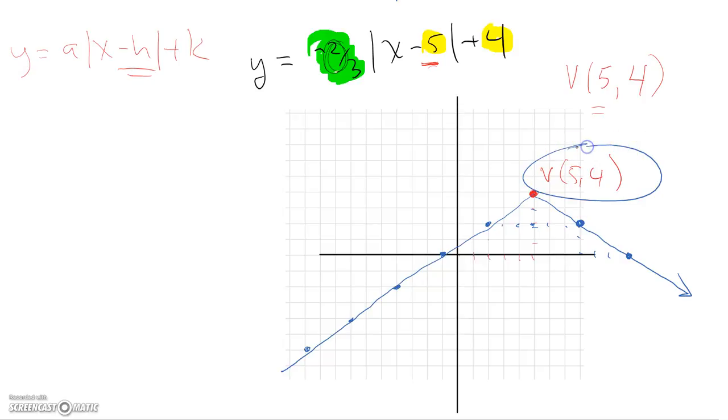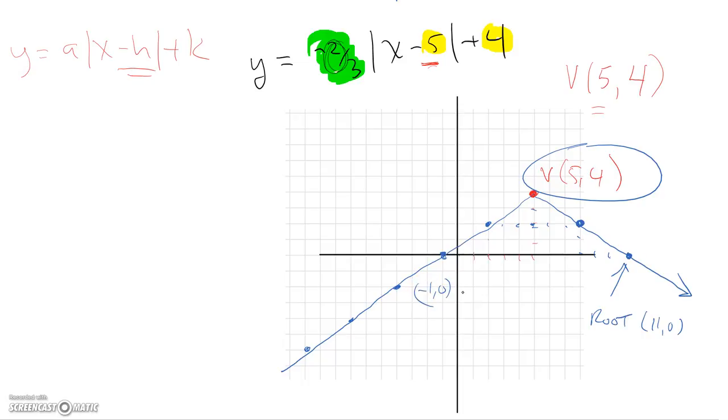I've got my vertex, my absolute value graph, and you can locate again my roots right here, or your x-intercepts. And this one has a root that would be at 5, 6, 7, 8, 9, 10, 11. So I have a root at (11, 0). And here it looks like I have another root at (-1, 0).